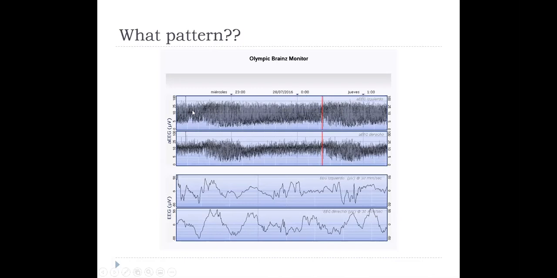On the left side, an abnormal, discontinuous pattern like a burst suppression pattern, and on the right side, a continuous pattern.